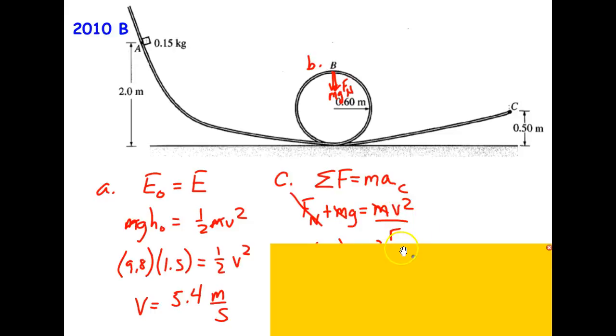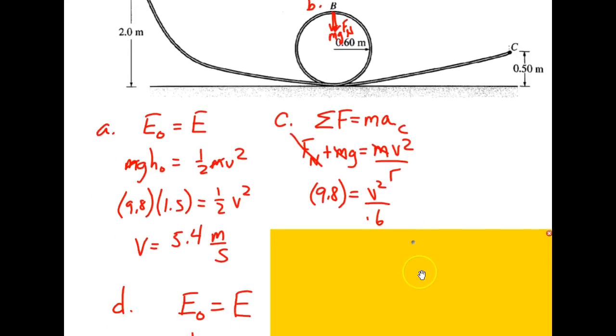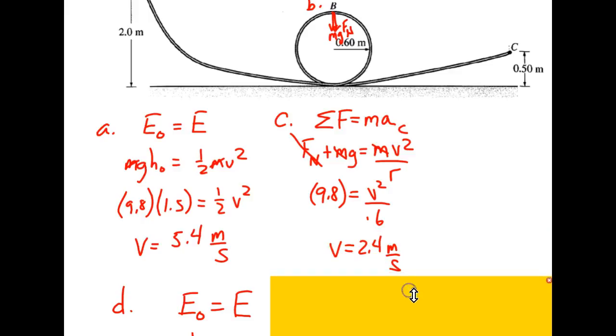The mass again cancels, and we're looking for, again, the v value here. So we go ahead and substitute 9.81. Our radius is 0.6. And solve for v. You need to take the square root of 9.81 times 0.6, and you should get 2.4 meters per second.